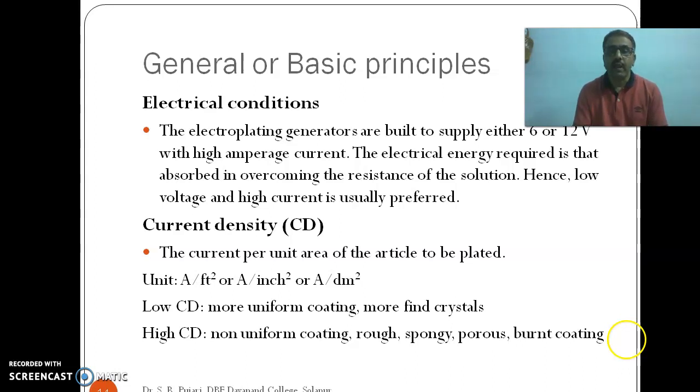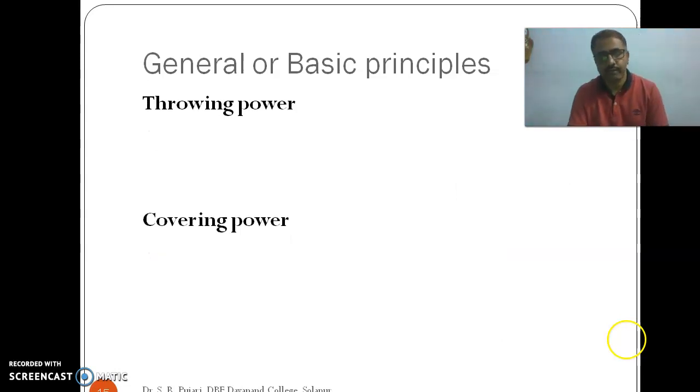According to Faraday's laws, if you apply more current, you will get more material, no doubt. But in the actual plating process, we always work with low current density because we need more adherent, uniform, and fine-grained crystals on the cathode surface.